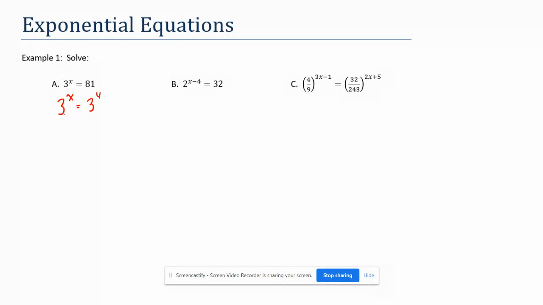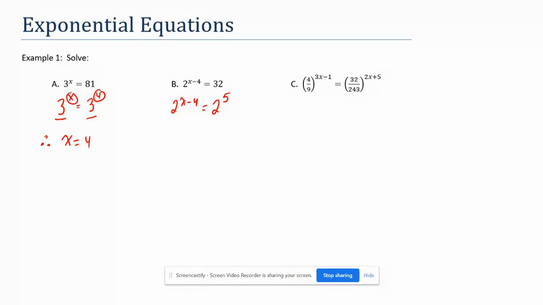So the idea over here, if we have 3 to the x equals 3 to the power of 4, and the bases are equal, this means, therefore, that the exponents must be equal as well, and therefore x equals 4. Easy enough. If we look at, for example, b here, 32 is the same thing as 2 to the power of 5.